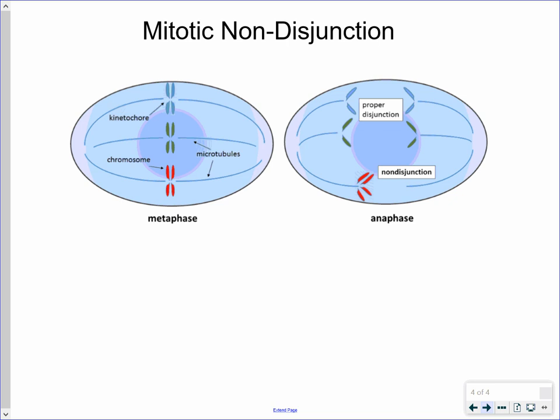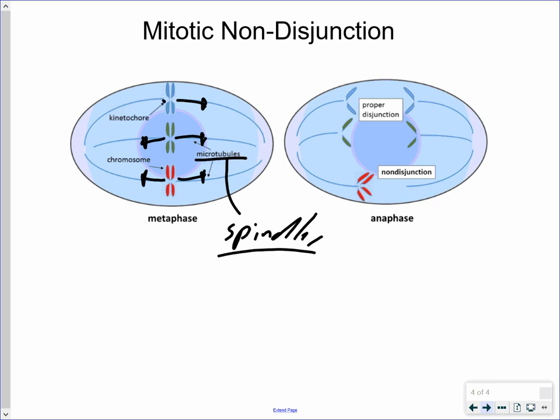And just like with meiosis 2 more specifically, what we should have is the microtubules, less labeled here, but these are spindles or spindle fibers. And what we should have is that half of each of these chromosomes, or in other words, the chromatids, should be pulled apart and they should go in opposite directions. So these ones here are showing what should happen, and this one is showing the non-disjunction.